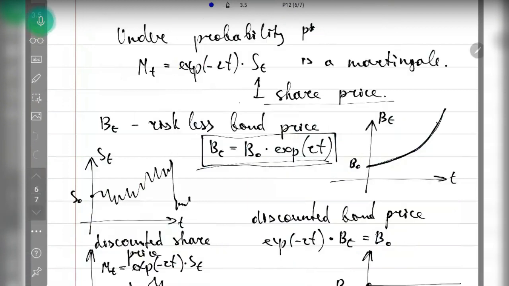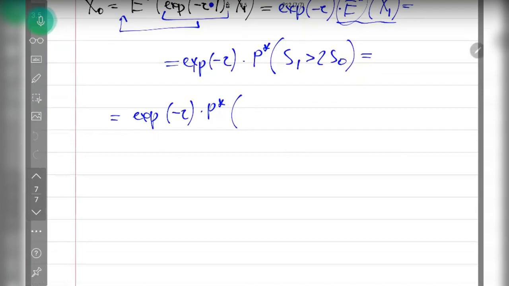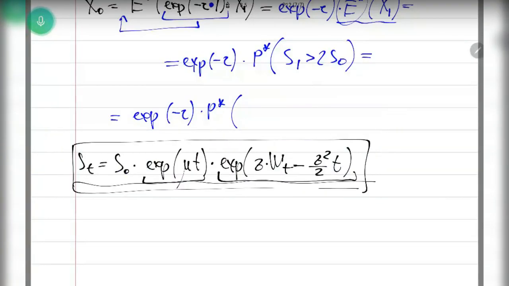I will just plug in T equal to 1. My contract expires after 1 year. So I will get here S_0 times exponent of mu plus sigma W_1 minus sigma squared over 2, bigger than 2 S_0.